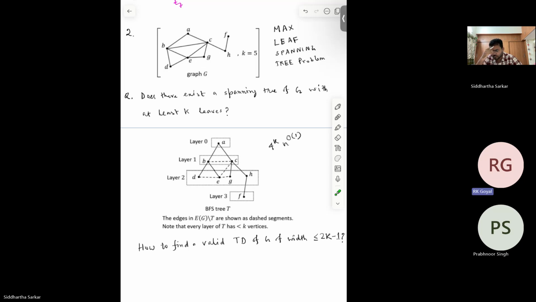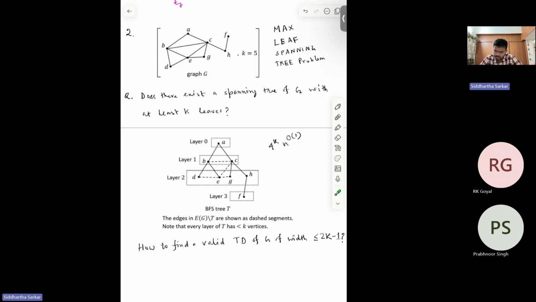Yes, I could not understand this. You have n choices for the route.